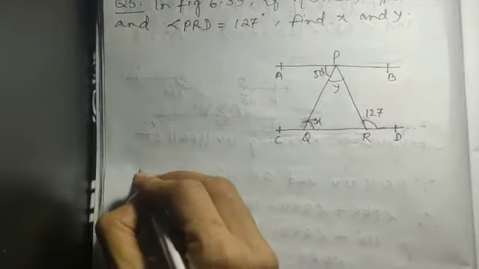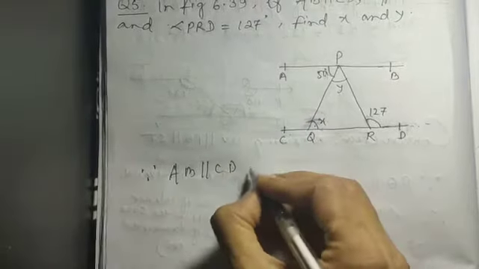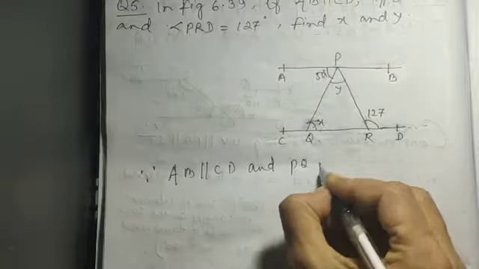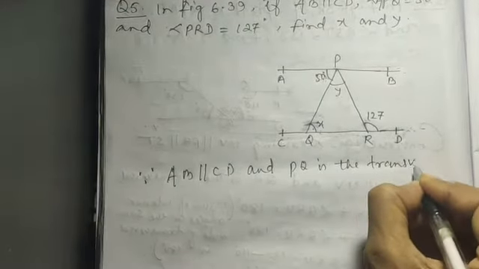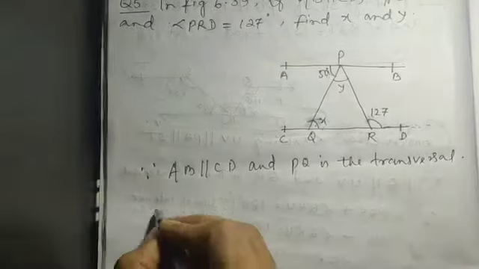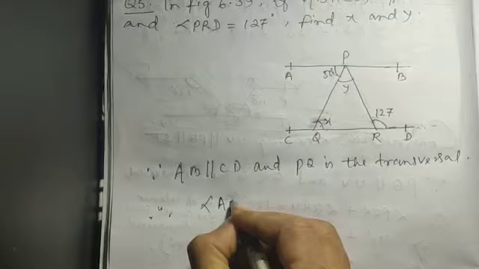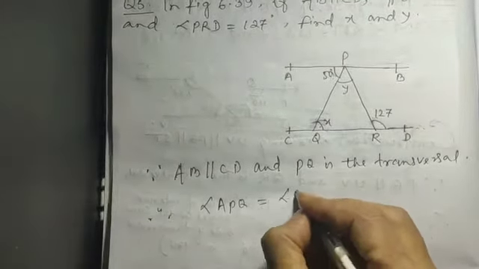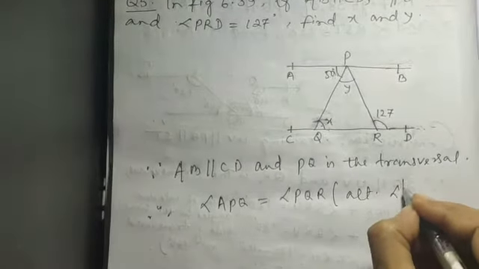So, since AB is parallel to CD and PQ is the transversal, therefore angle APQ is equal to angle PQR. Why? Because alternate angles.